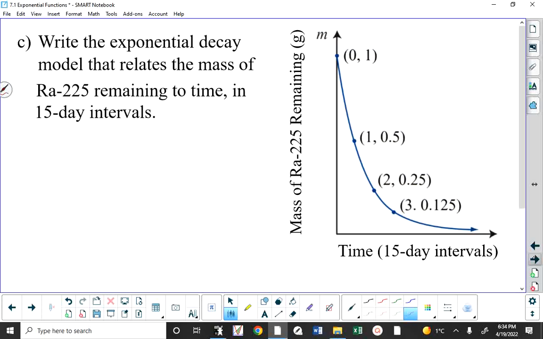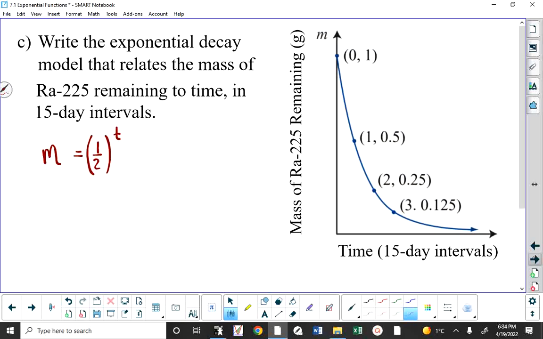C, what's the exponential decay model? Well, things are being multiplied by a half regularly, so the mass is 1/2 raised to the t, where t is the number of 15-day intervals. This is just a variation of example 2, except it has a real meaning in the real world.